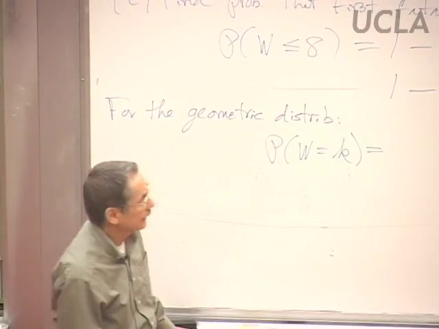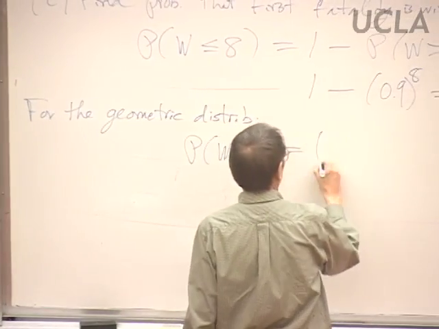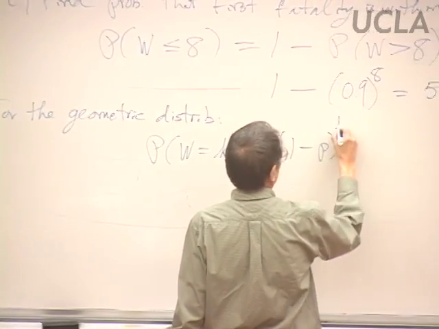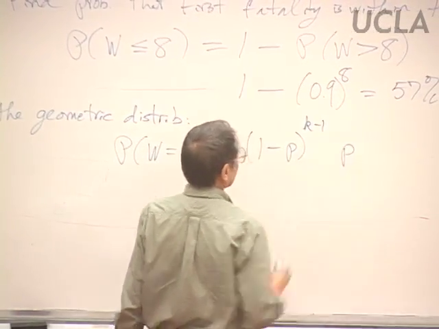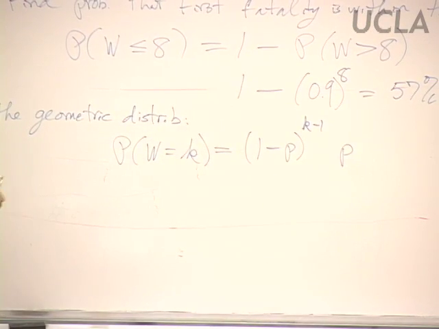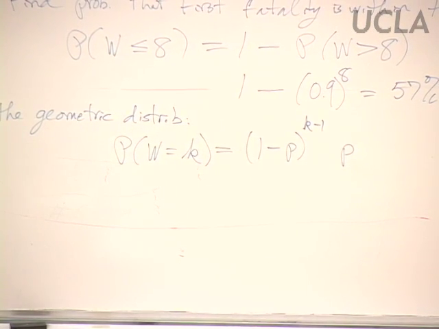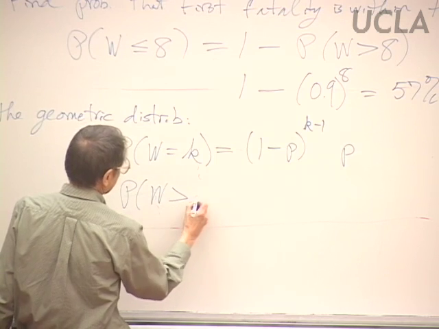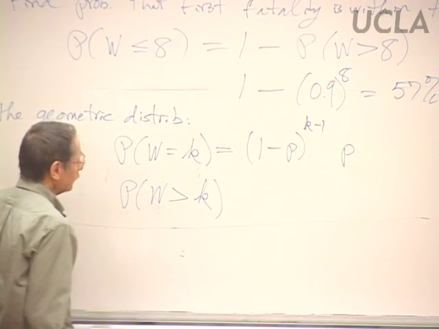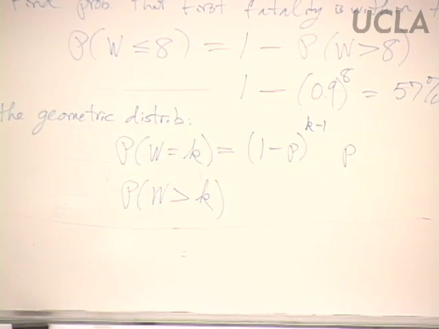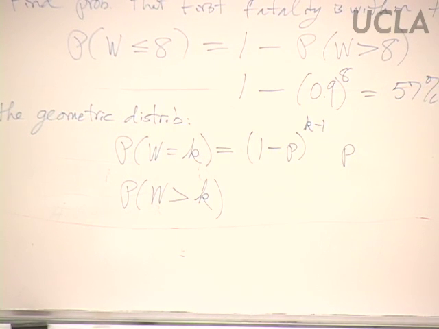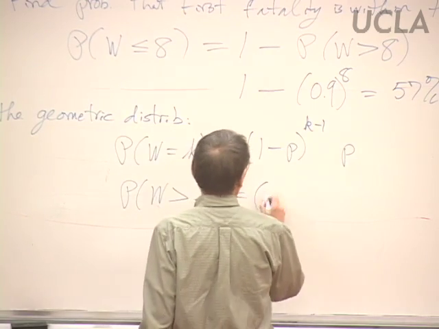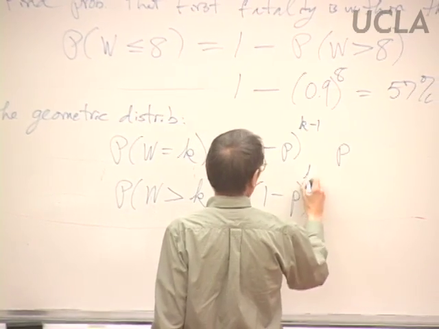Probability that W is k, well, just want to write it down again. Probability the first success is on the kth trial means we have some number of failures. The probability that the first success is later than that means the first k trials all failed. 1 minus p to the k.